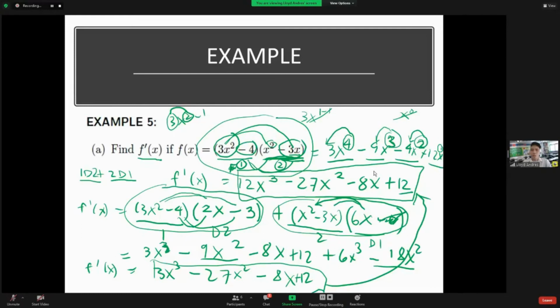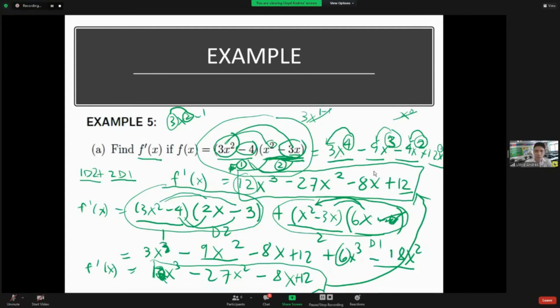Whichever way, the result should be the same, which is 12 here. So whichever way you choose to use, the results should be the same. That's how to apply the sum rule or product rule.